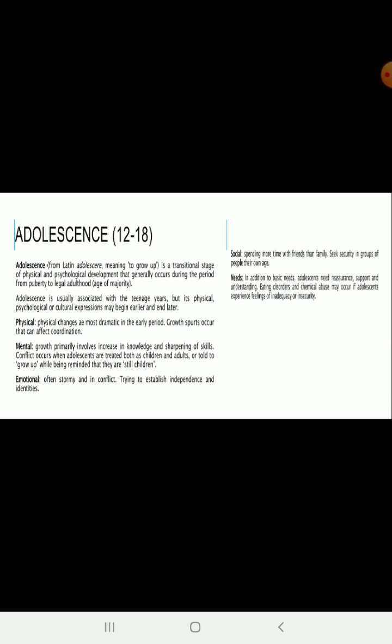Social development: they spend more time with friends than family, and seek security in a group of people their own age. Needs: in addition to basic needs, adolescents need assurance, support and understanding. Eating disorders and chemical abuse may occur, and adolescents experience feelings of inadequacy and insecurity.